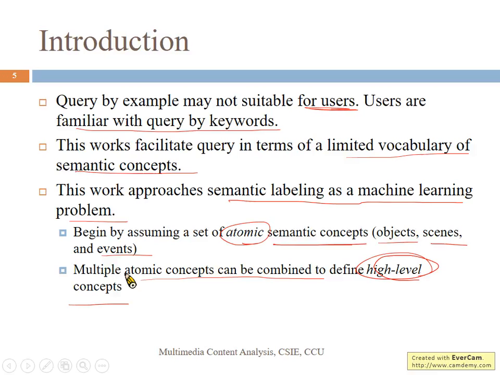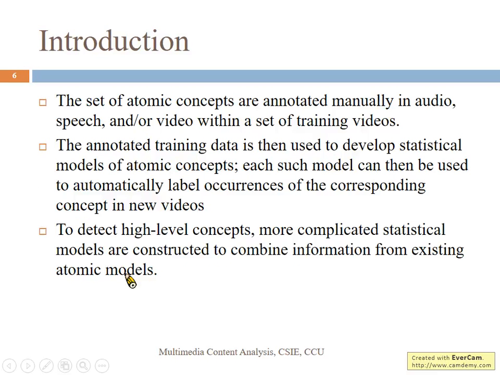So we transform our task: we first detect very basic concepts and then combine the distribution or the occurrence of such basic concepts to form high-level concepts. The set of atomic concepts is annotated manually in audio, speech, and video within a set of training videos. Therefore, they have to define atomic concepts first.